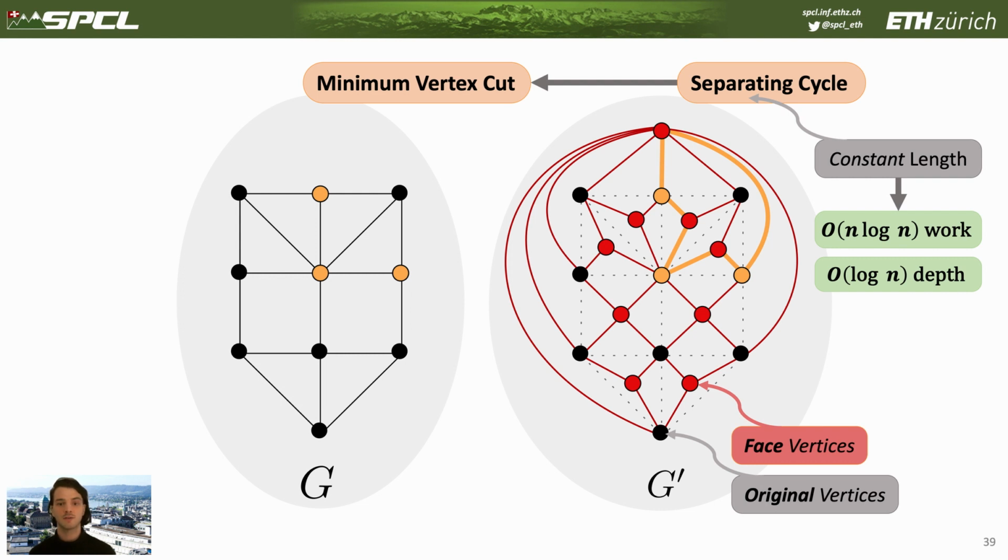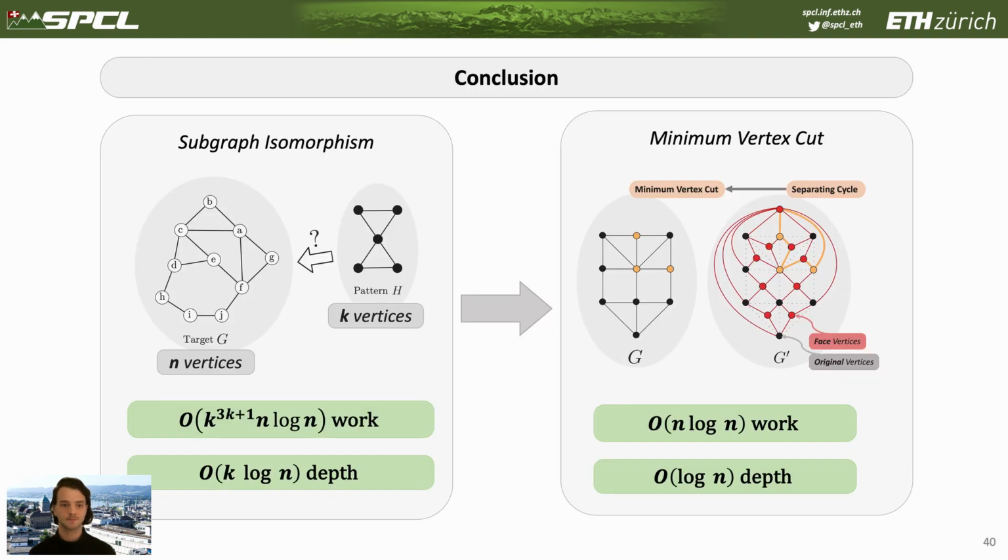Because every planar graph has a vertex of degree at most 5, it also has vertex connectivity at most 5. Therefore, it suffices to check for separating cycles of length at most 8, which is a constant as we wanted. Note that for this to work, we also need to extend the subgraph isomorphism algorithm to find separating subgraphs.